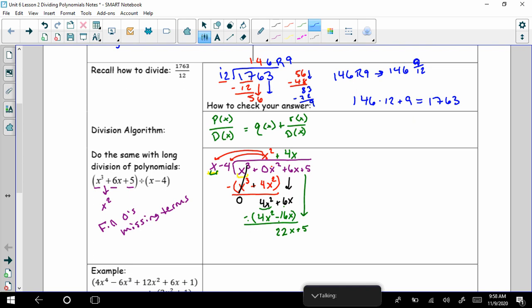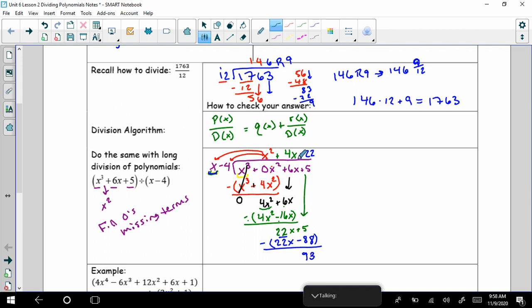And so last time here, x goes into 22x 22 times, and then I multiply, so I get 22x minus 88, subtract down, those should cancel, 5 minus negative 88, so 5 plus 88 is 93.